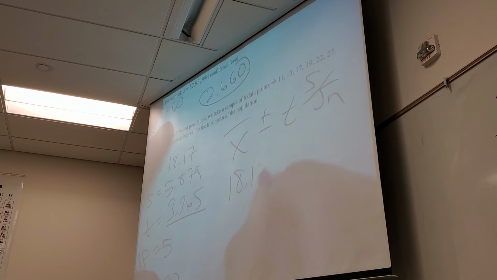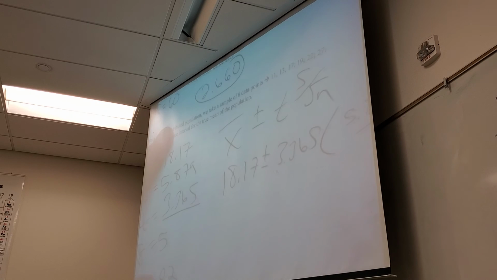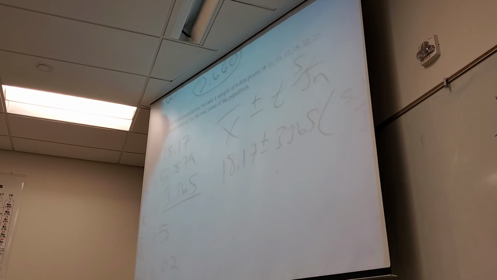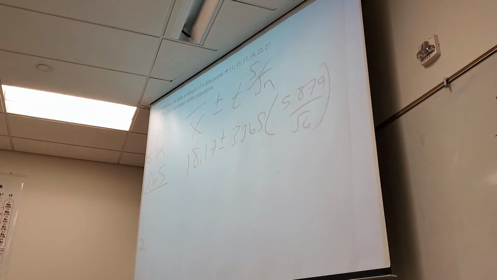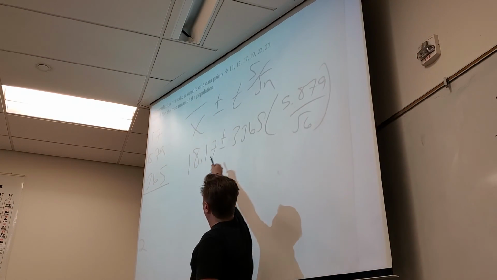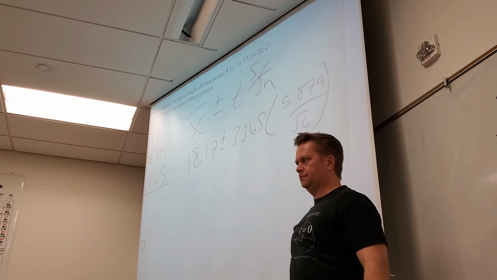So 18.17, give or take 3.365 of these. What's N? 6. There it is. So that came from the confidence level. This one we calculated, this one we calculated, and this was, of course, 6 data points.